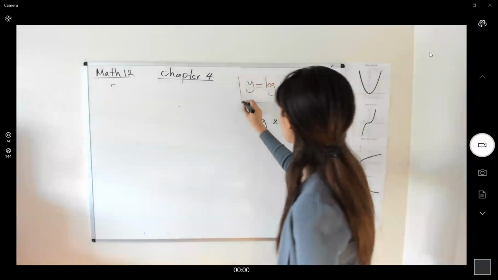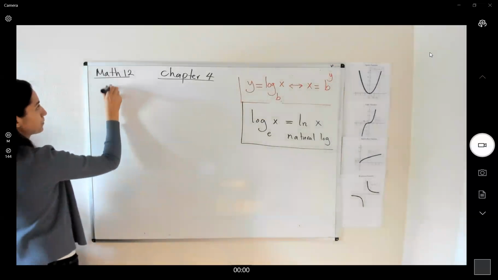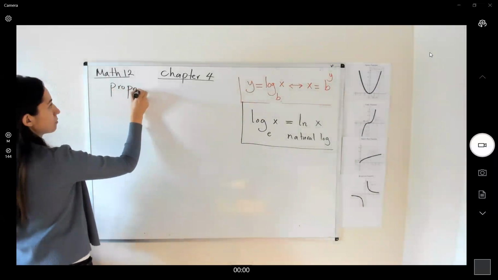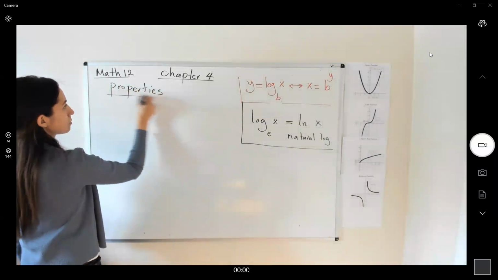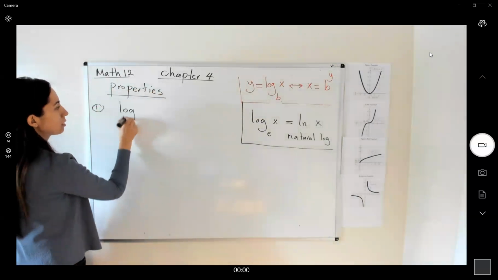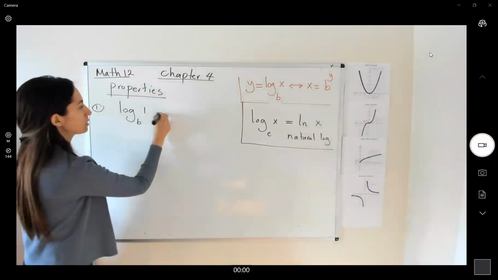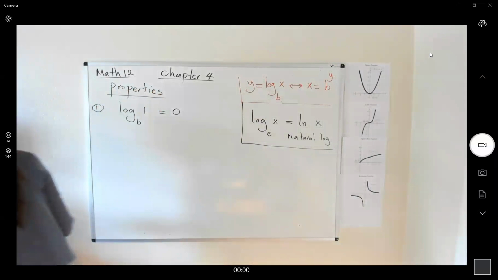Natural log. So, important properties. So far we learned that log with base b of 1 is always 0.